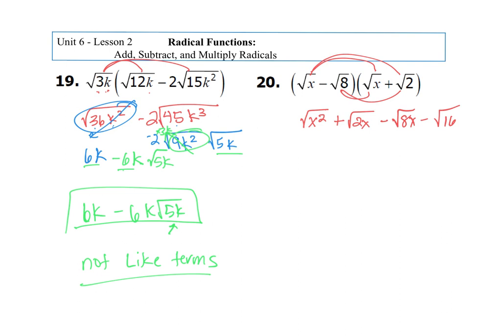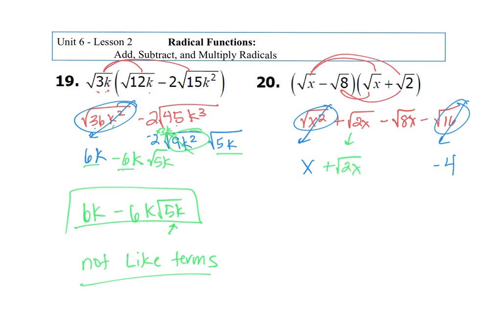All right. Now, because we multiplied some things by their own selves, we have some perfect squares. The square root of x squared is x. The square root of 16 is 4, so this is a minus 4. These other parts are not like terms yet. 2x will not change, so I'm going to bring this down. Plus square root 2x.